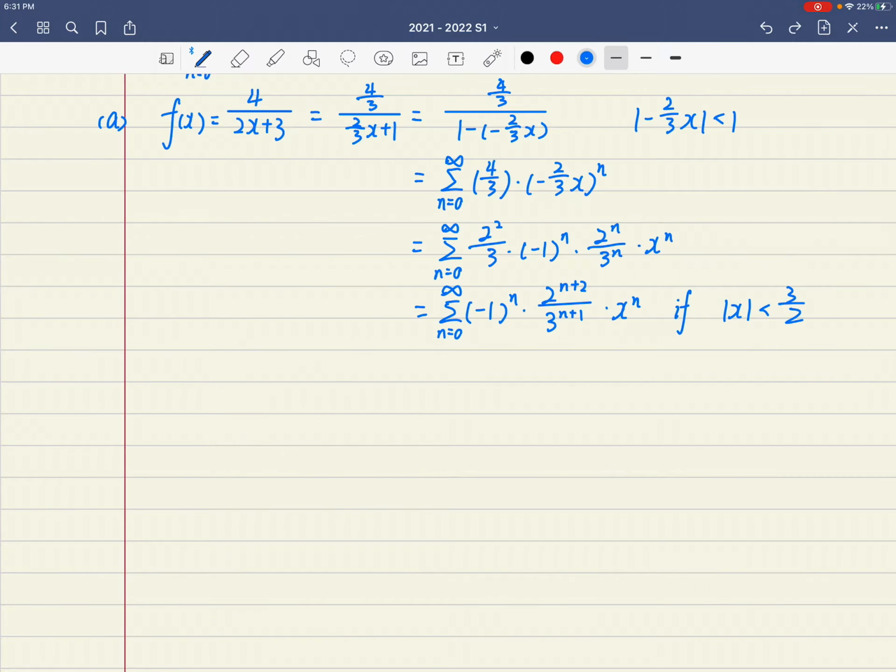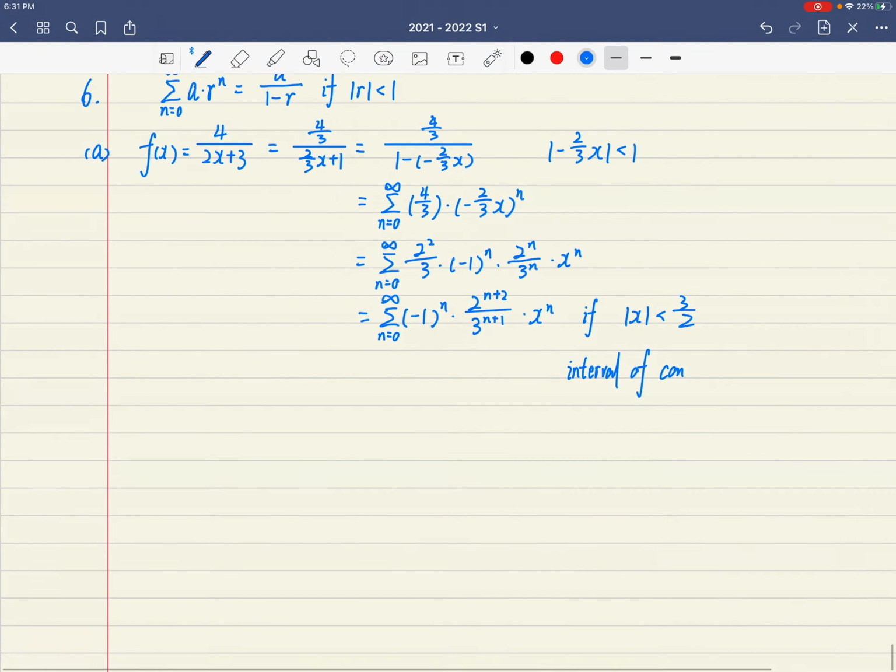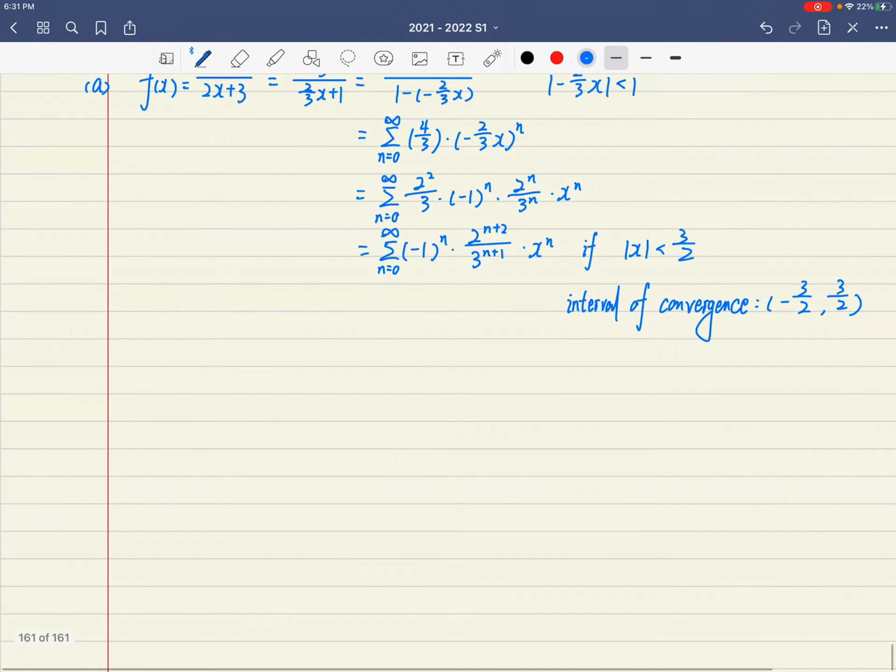As you can see, the interval of convergence is for x between negative 3 over 2 and positive 3 over 2. Okay, that's the interval of convergence.